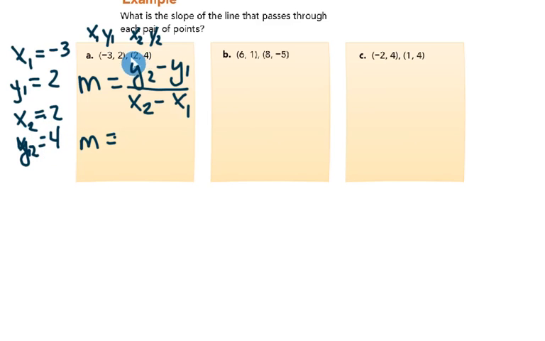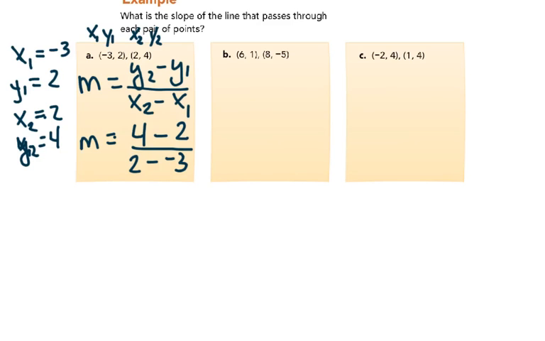So instead of y2, I'm going to put 4 minus y1, which right here says y1 is 2, so I'm going to put in a 2 there, over x2, which it says right here is 2, minus x1, which is negative 3.